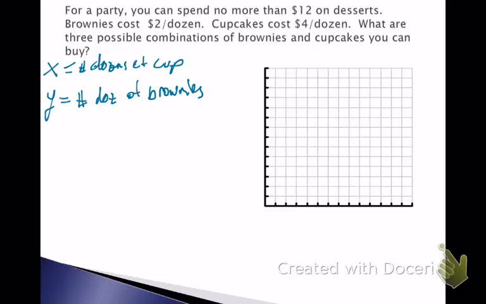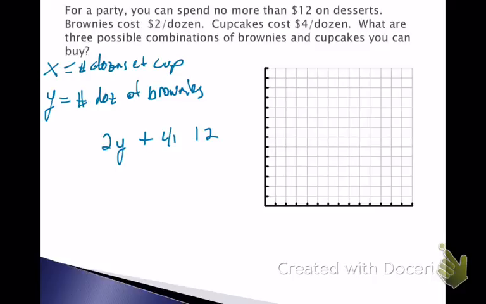Okay? Now, $12. That's how much we got. Right? Brownies are $2 a dozen. So however many dozens of brownies you buy, you've got to multiply that by 2 to find the cost. So 2y. And then add to that $4 for the cupcakes.